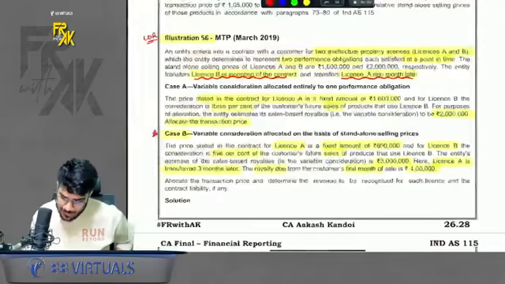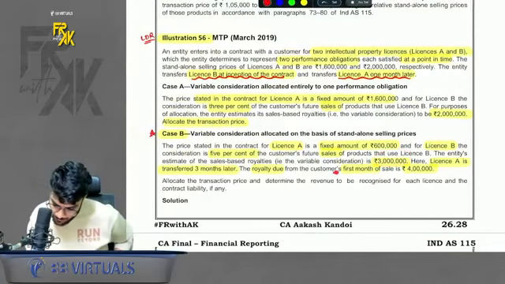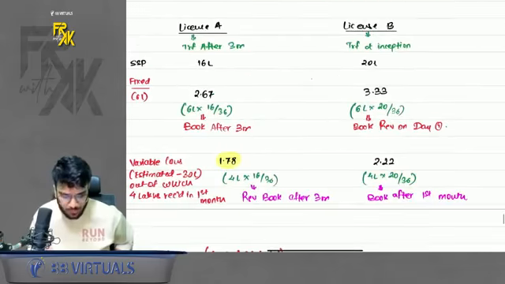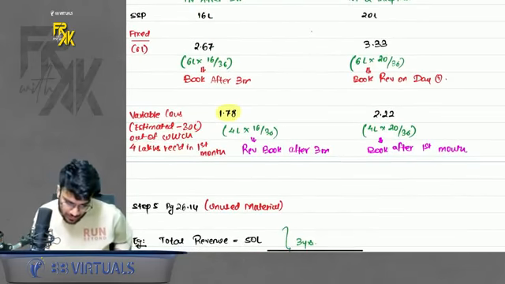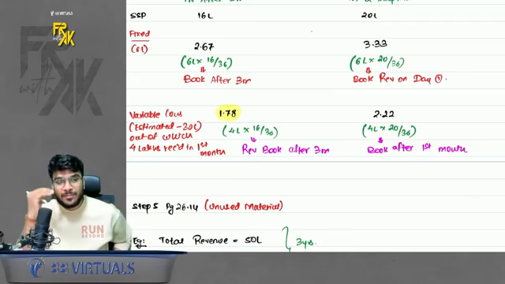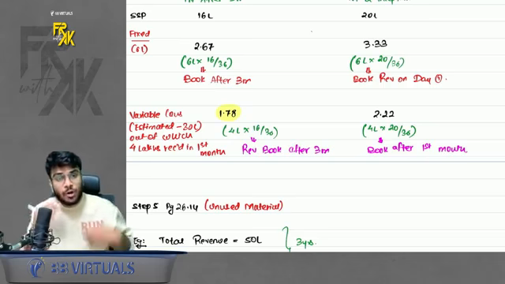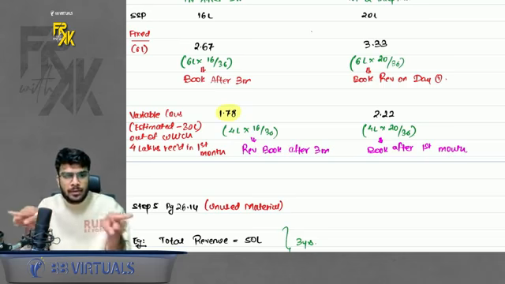Okay. Same with the variable consideration. Now out of 30 lakhs estimated, in first month we receive 4 lakhs. So I will talk about the 4 lakhs only now, because estimated 30 lakhs, but how much did we receive? 4 lakhs. So this 4 lakhs also transfer between both the licenses. Okay, this is the difference between case A and case B. In case B, whatever you receive, allocate it in both the licenses.